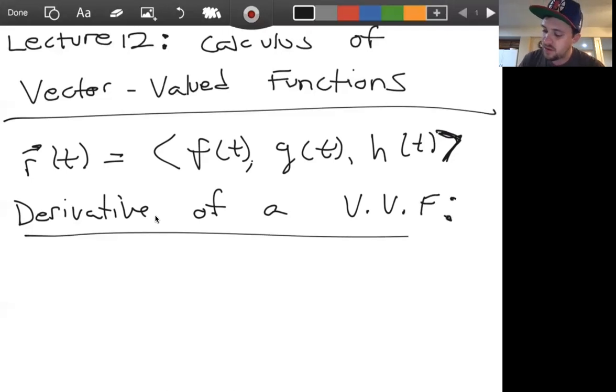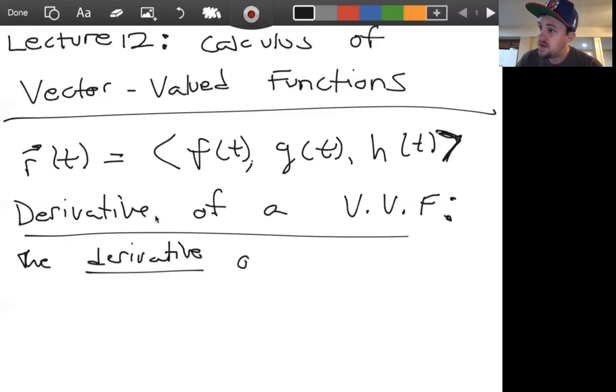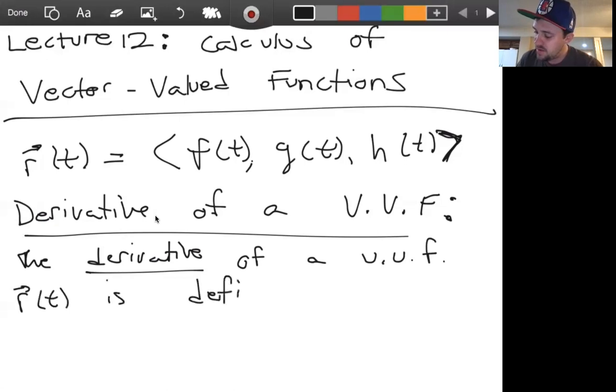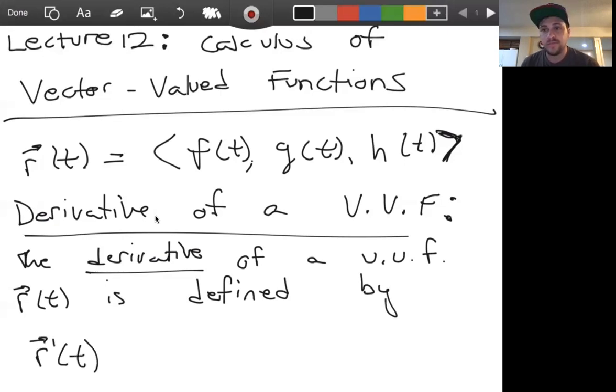Here's a definition. So the derivative of a vector valued function, r of t, is defined by, and we use a similar notation to differentiation that we're used to from Calc 1 and Calc 2.